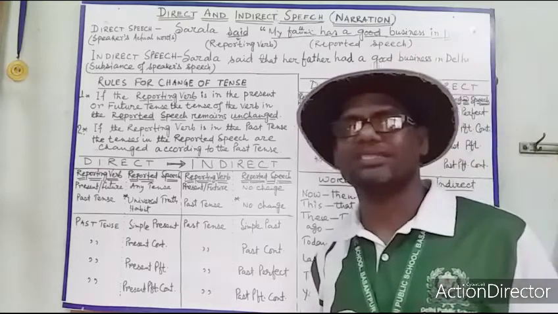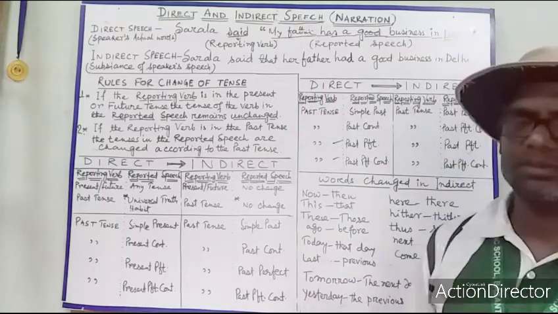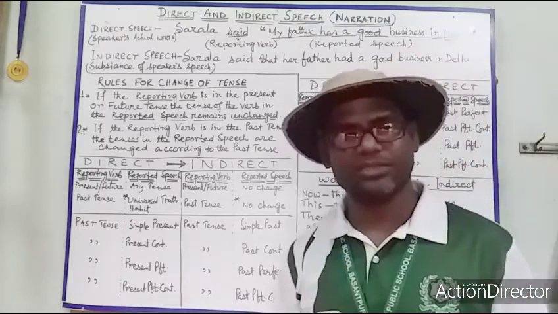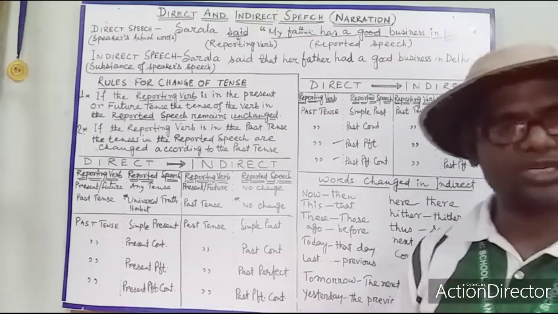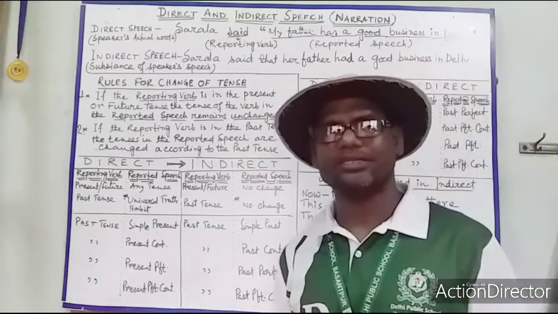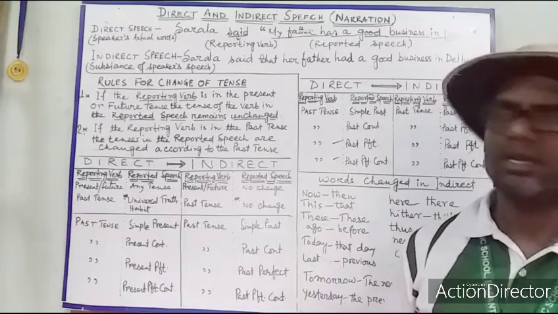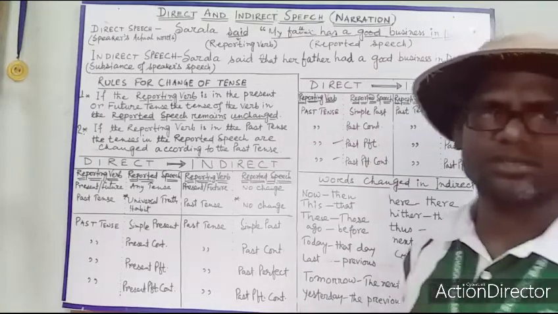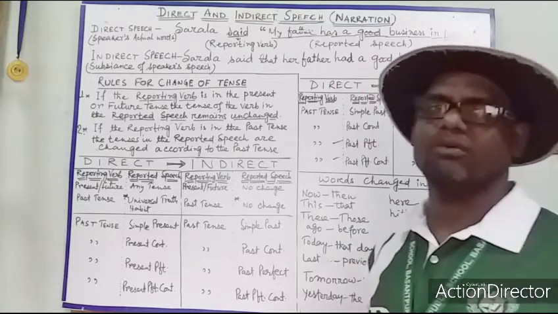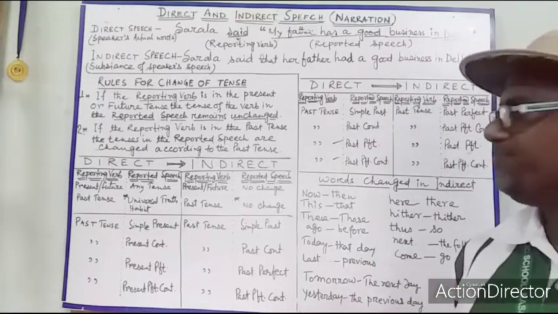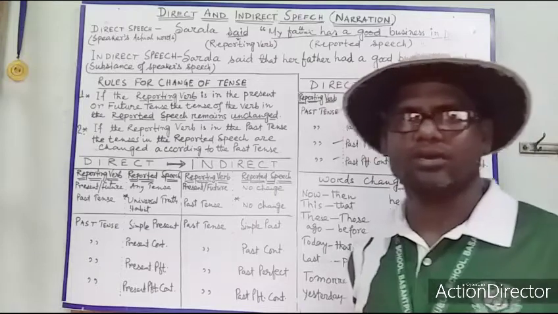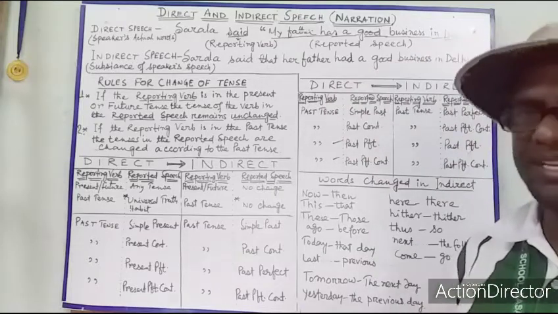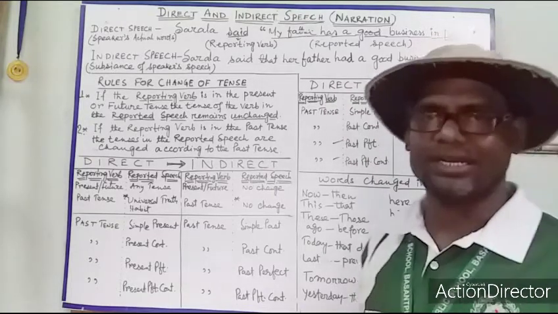Sentences are of 5 types. What are those? Declarative sentence, interrogative sentence, optative sentence, imperative sentence, and exclamative sentence. In every sentence there are some changes, and you need to know them with examples. I have to show that with those examples, otherwise you can't understand.